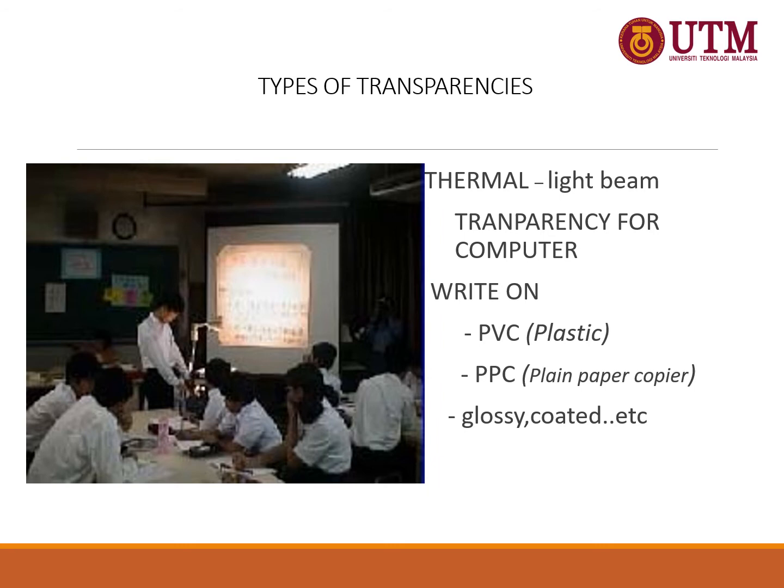And your transparency needs to be actually clear, and you don't have to put so many items, so students will not be distracted by the colors and so many words and so on. And we will get to see some of the conditions that we needed to follow back then when we used transparency.